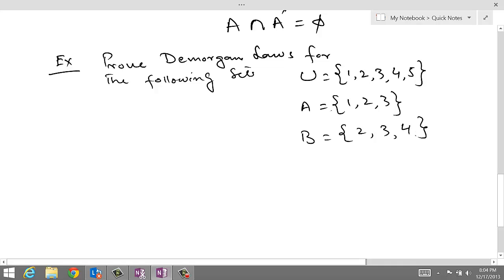So the question is, prove De Morgan laws for the following sets A and B.